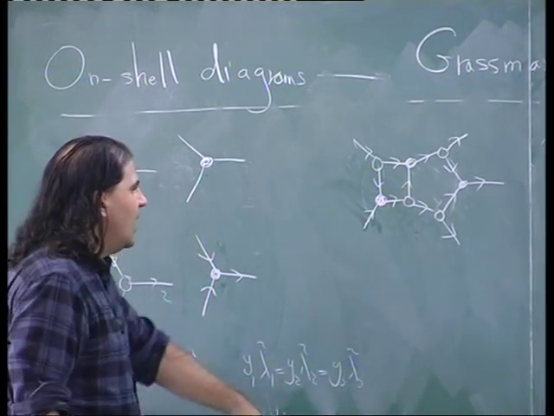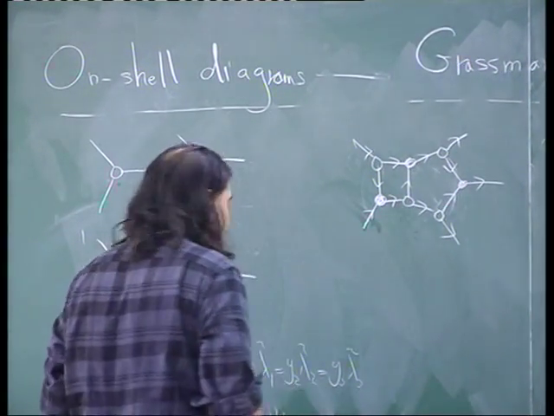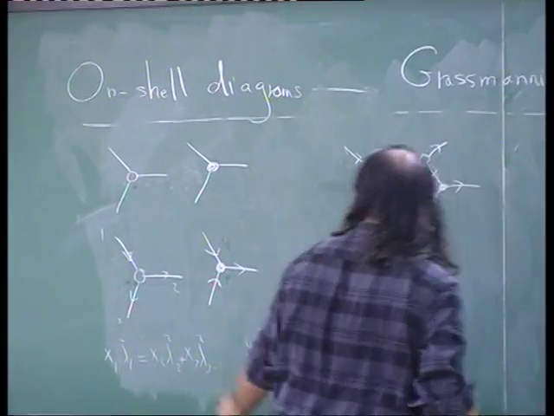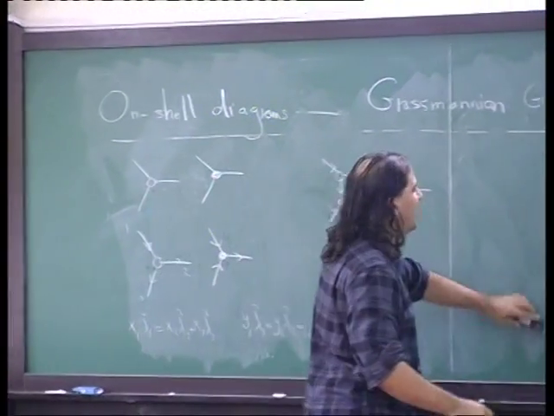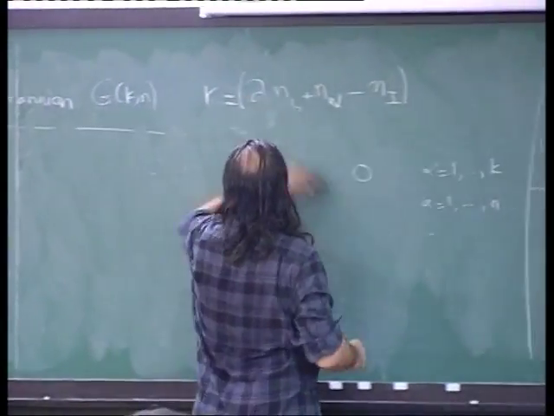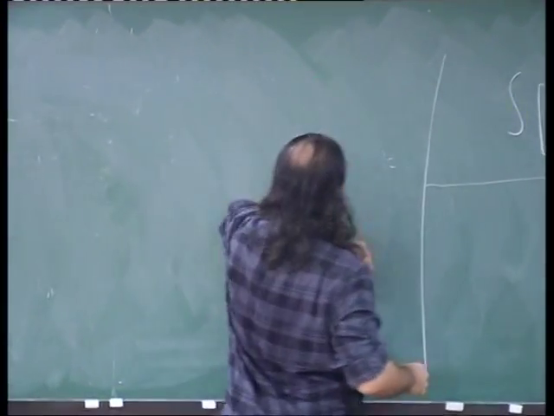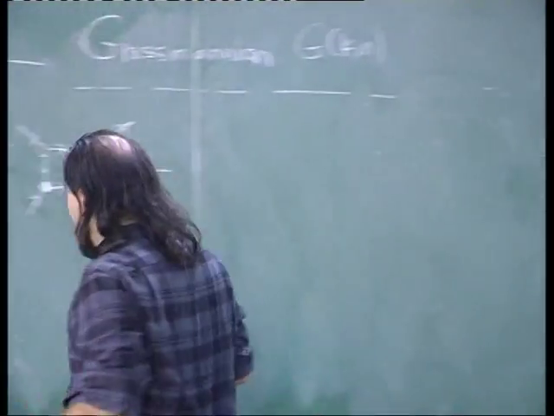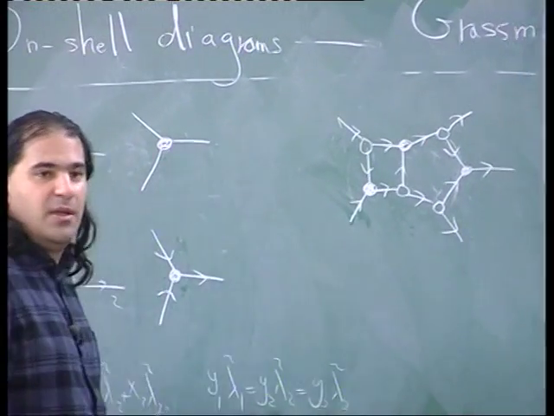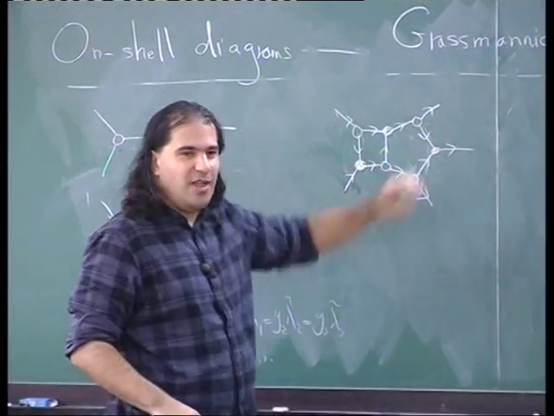Now here's the formula for what the linear relationship between all the external guys is. You think about all the incoming lines as sources and the outgoing lines as sinks.